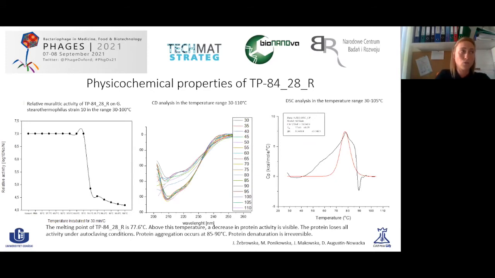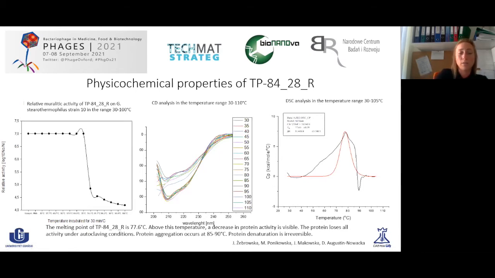Activity assays showed non-significant reduction of the hemolytic activity after 30 minutes incubation of the enzyme in the range from 30 to 70 Celsius degrees. A significant decrease in the relative activity was observed at a temperature of 74 Celsius degrees.